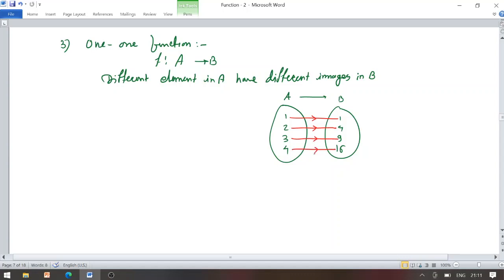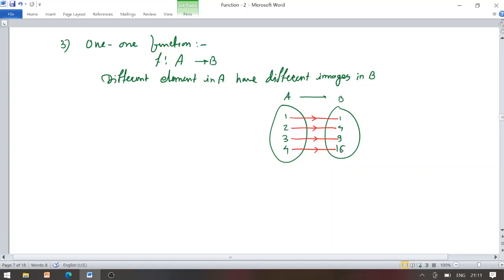That means we have the square function here. So a unique element from set A is related to a unique element, or we might say one and only one element in B. Such types of functions are known as 1-1 functions. Or you might say the different elements in A, 1, 2, 3, 4, have different images like 1, 4, 9 and 16.